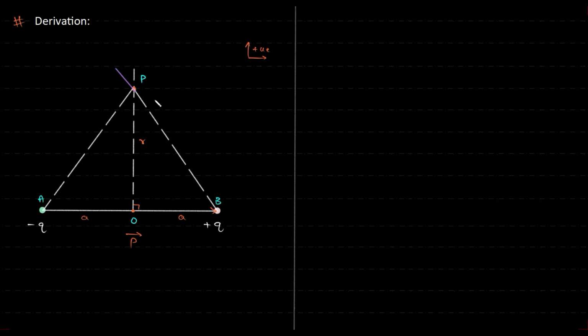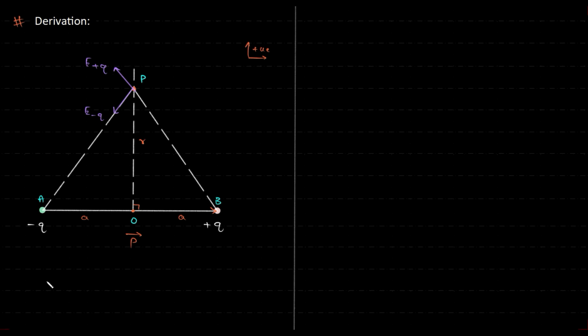Plus Q, if there is a unit positive charge over here, it will push it, and minus Q will pull it. Agree, guys? So this is because of minus Q and this is because of plus Q.